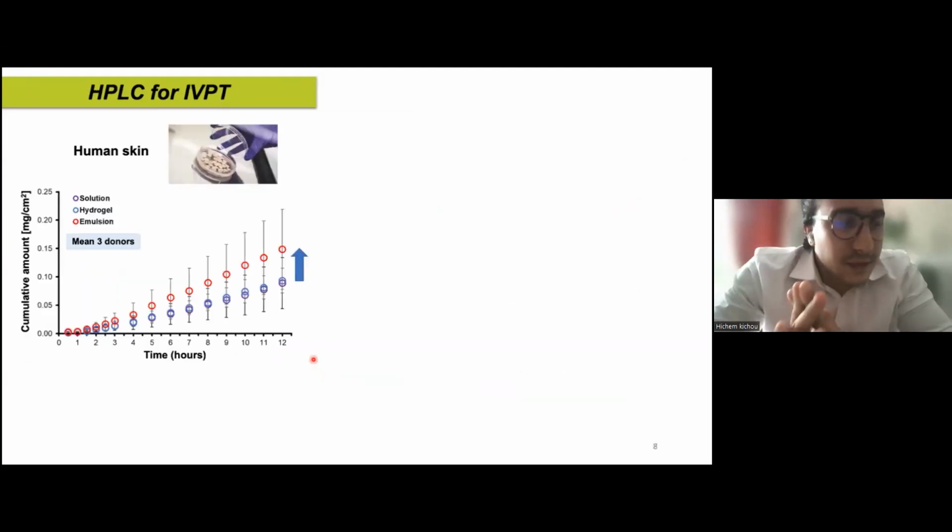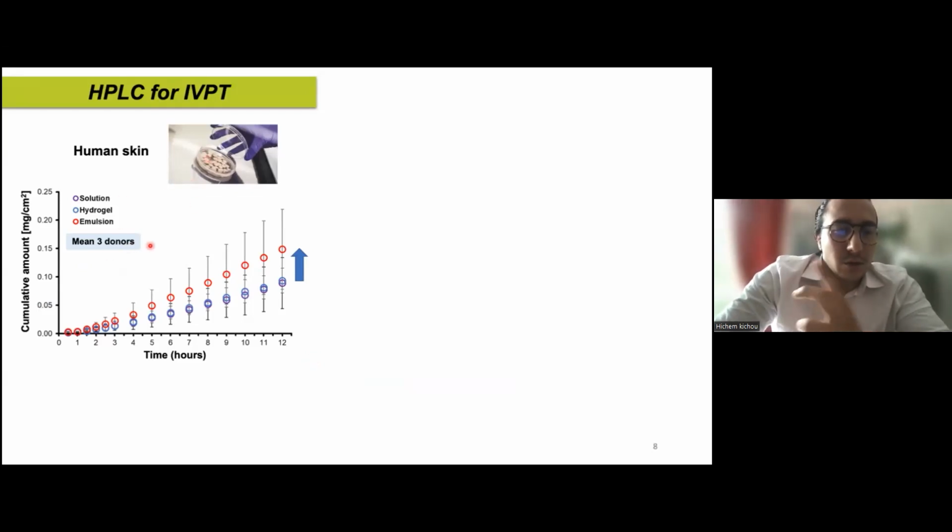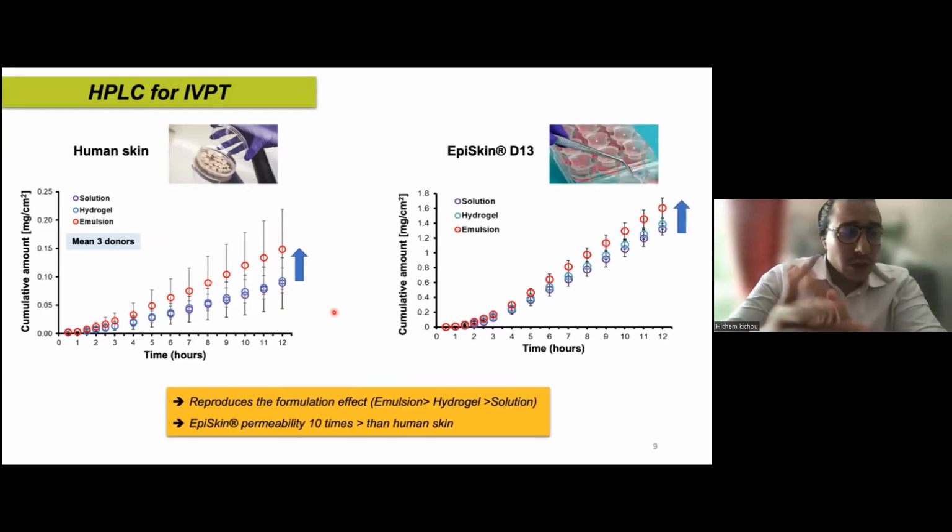The IVPT test on human skin, averaged here on 3 donors, indicated that the permeability of the emulsion, represented by the red circle here, was higher than the solution and hydrogel. This is likely due to the composition of the emulsion, particularly the surfactant. Regarding the EpiSkin, the permeability ranking remained consistent, with emulsion greater than solution and hydrogel.